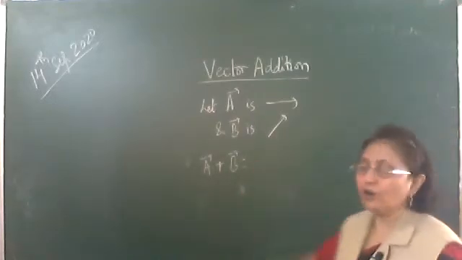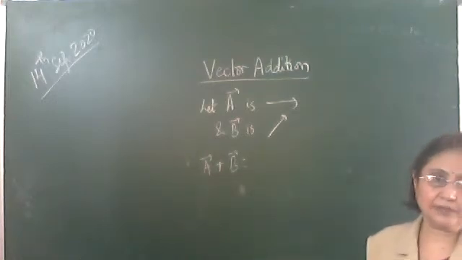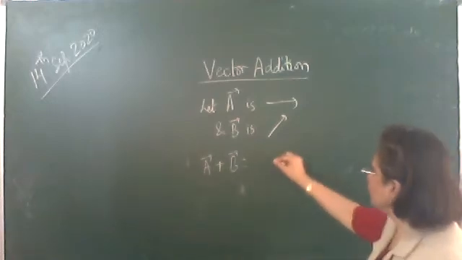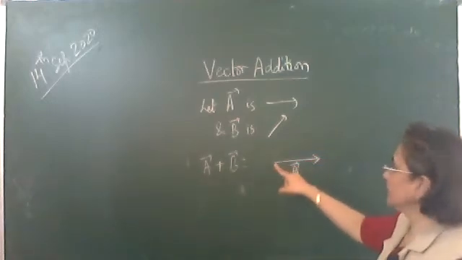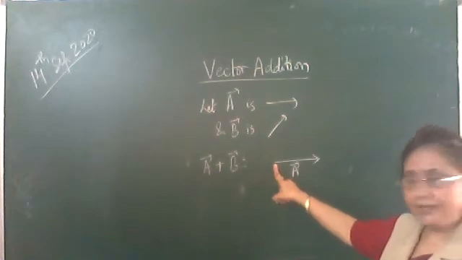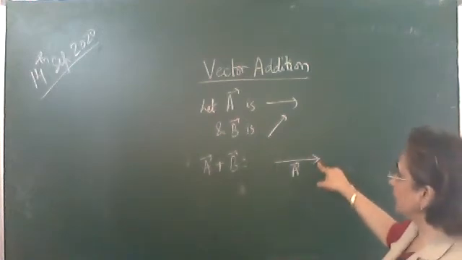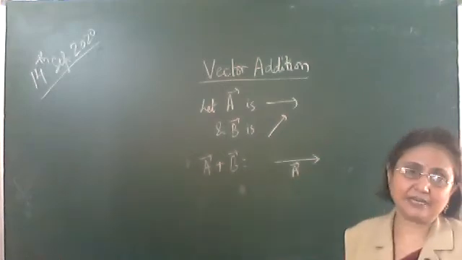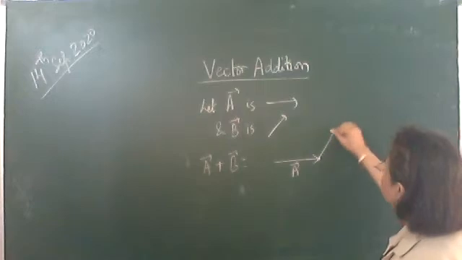Now, in order to add them graphically by drawing, the first vector is A vector, so we draw the A vector. This point we know as the tail of the vector and this point is the head of the vector. From the head of the first vector, we join the tail of the second vector.